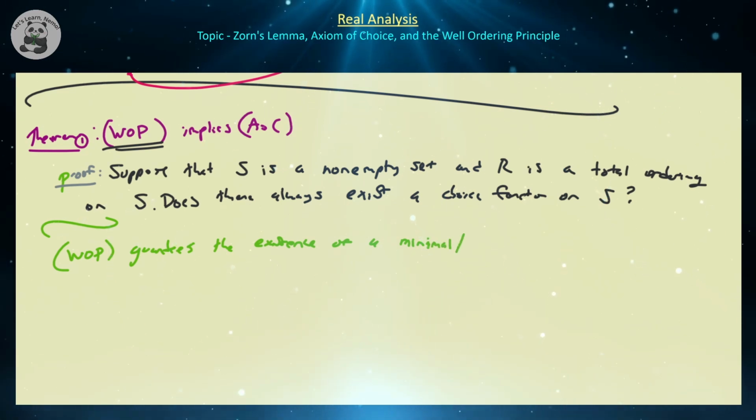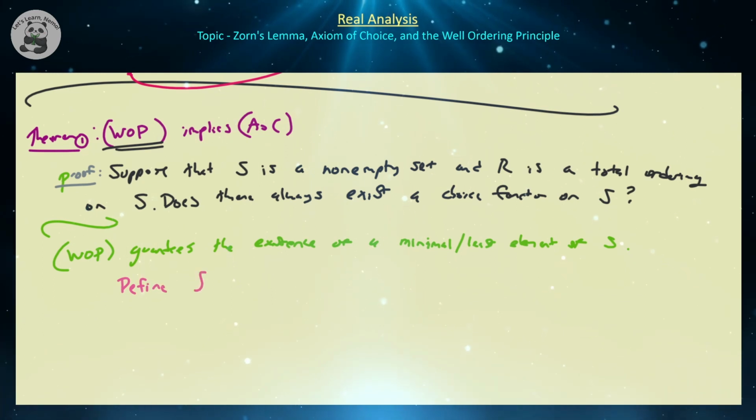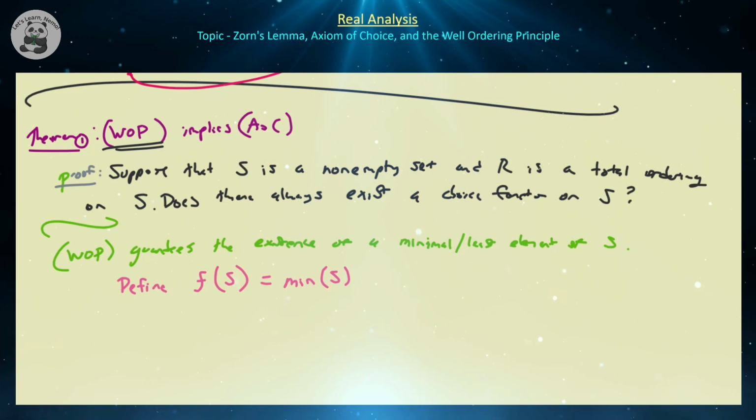So a minimal or least element of S. If it guarantees the existence of a minimal element, then how are we going to define our choice function? What we have to do is define f of S to be equal to the minimum of this set S. Right?